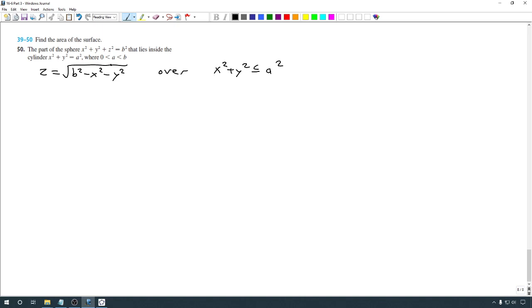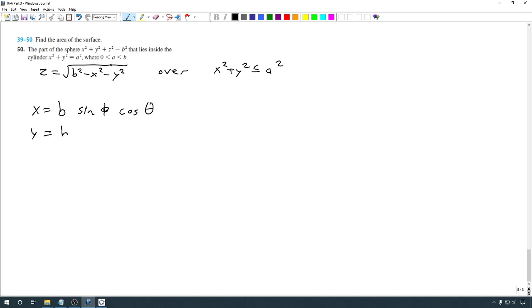This will make the integral a little bit harder to set up because we don't have the default parameterization already set up for us, but the integral will turn out to be a lot easier. So I'm going to use the parameterization based off of spherical coordinates because we are working with a sphere, so why not? That means that we are going to set x equal to our radius of b times sine of phi cosine of theta.